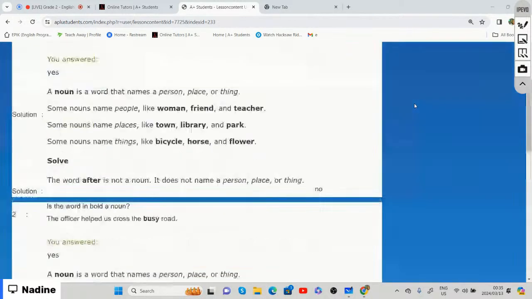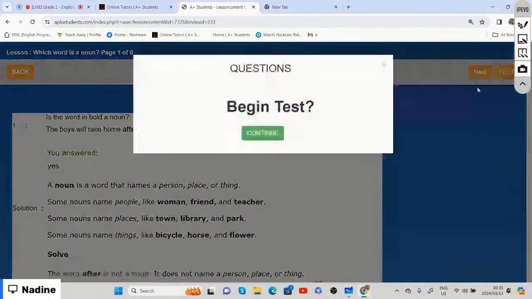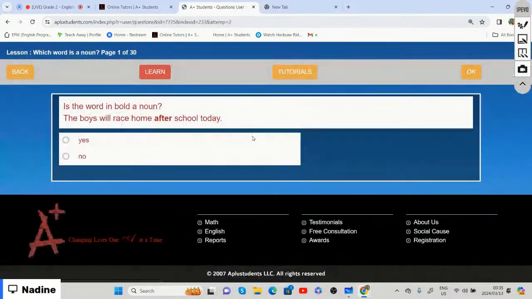All right, now we're going to our test, right? We are going to say which word is a noun. So we are going to look at the sentence and then say if the word in bold is either a noun or not. So you're going to say yes, it is, or no, it is not.